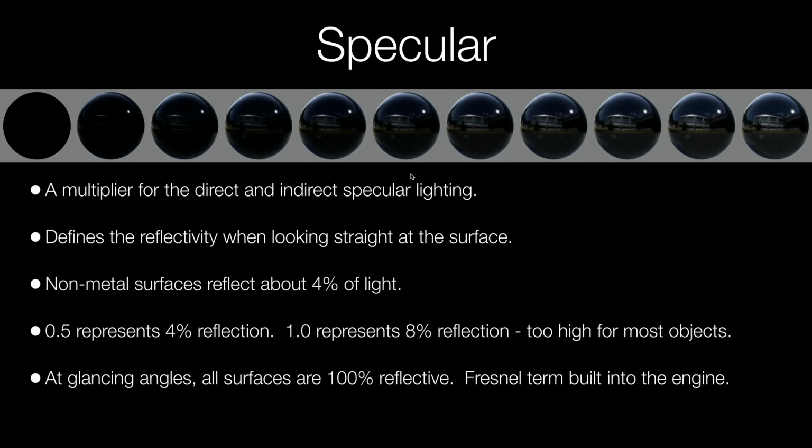So when you pass a value into the specular socket, you are defining the amount of reflectivity when you're looking straight at it, and as the angle of the surface changes to be perpendicular to your view, the reflectivity goes up to 100%, and that's something the engine handles for you.